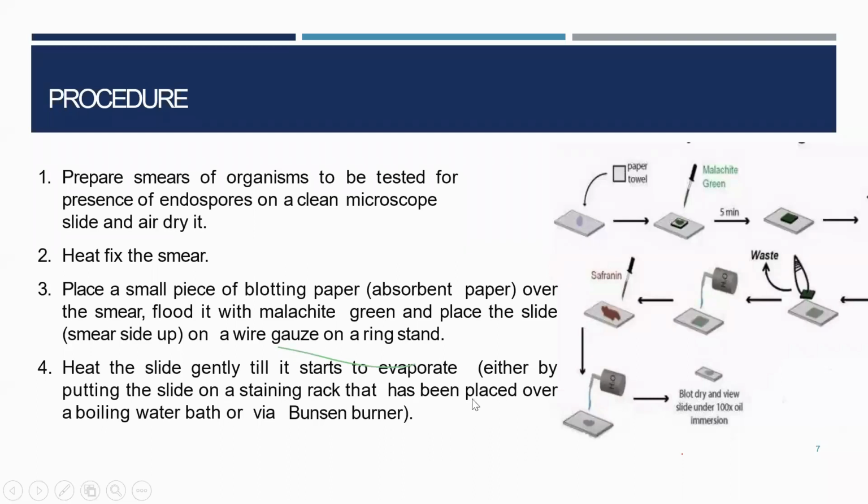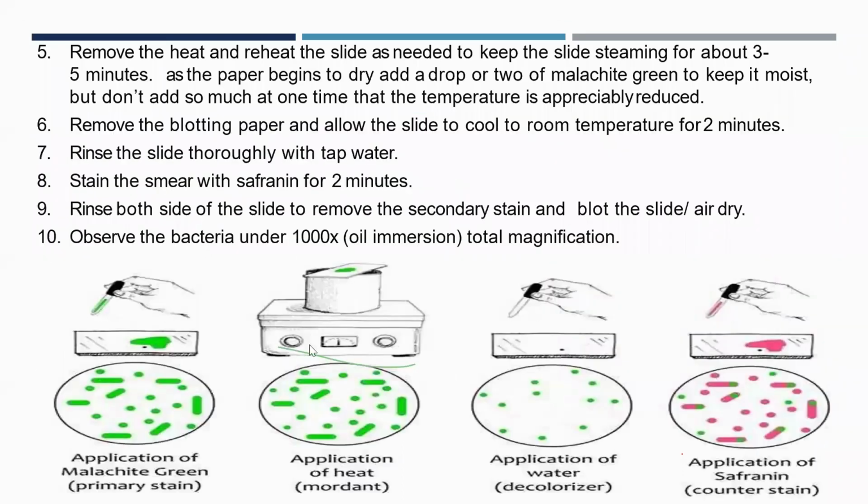Heat the slide gently till the stain starts to evaporate. After flooding the stain, we have to heat this slide so that the stain starts to evaporate. Here heating is applied as the accentuator, and it will increase the porosity of the spores, and the stain will enter the spores. You can see here, after preparation of the smear, the slide is flooded with malachite green, and after that it is placed on a boiling water bath.